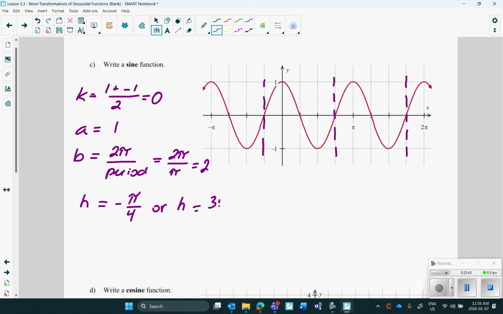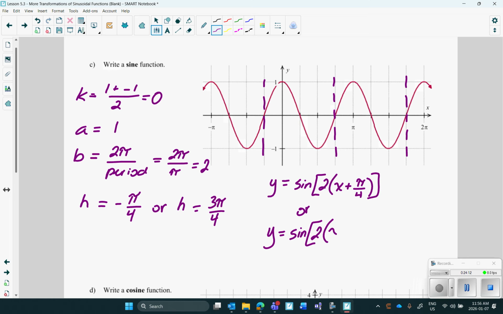Both of these are correct. So we could have an answer that looks like this: sine 2(x plus pi over 4), like that. Or this one. One is not more correct than the other.